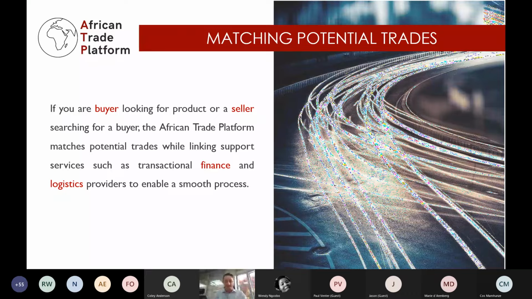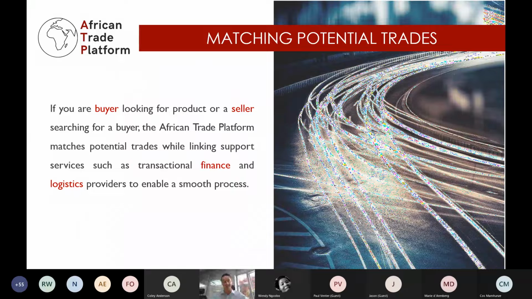For any transaction to take place, one of the biggest points where African Trade Platform plays is the trust between the buyer and seller. In theory, you can have a seller of a product in the Northern Cape who uploads products onto a platform, and a buyer in the US who comes on to acquire the product. But it doesn't just end there. In theory, transactions just happen where buyers and sellers match up.